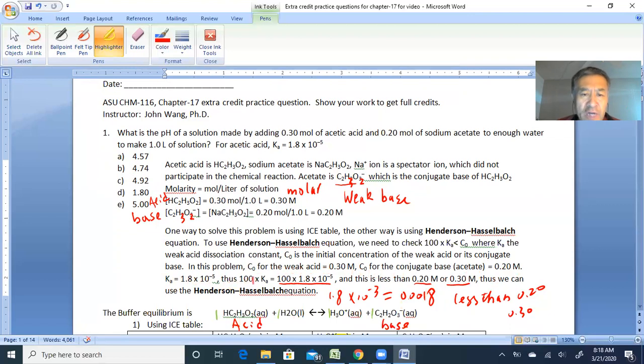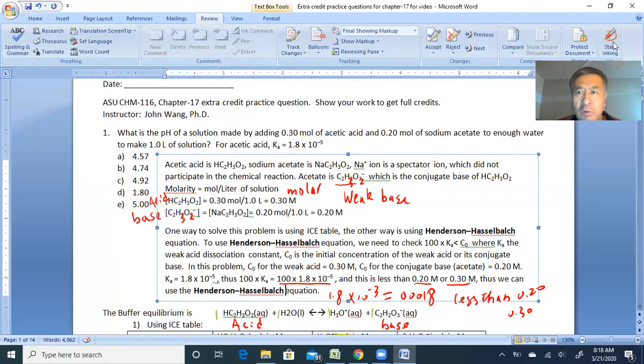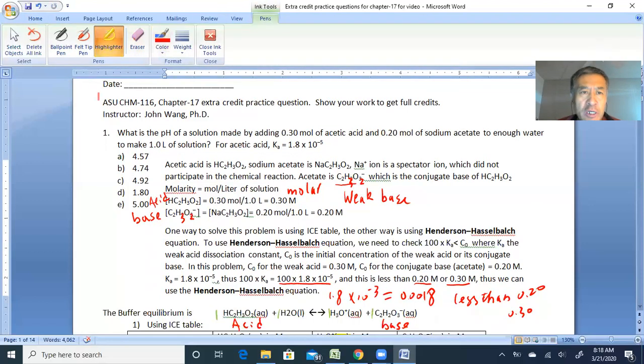Therefore, 100 times Ka equals 100 times 1.8 times 10 to the negative 5, which becomes 1.8 times 10 to the negative 3, equals 0.0018, which is less than 0.20 or 0.30. So we can use the Henderson-Hasselbalch equation without too much error. Therefore, we will do both ways here.